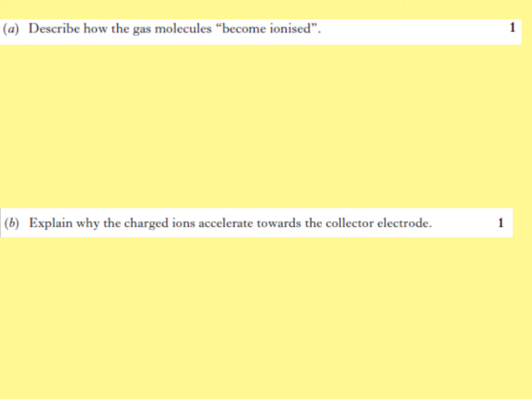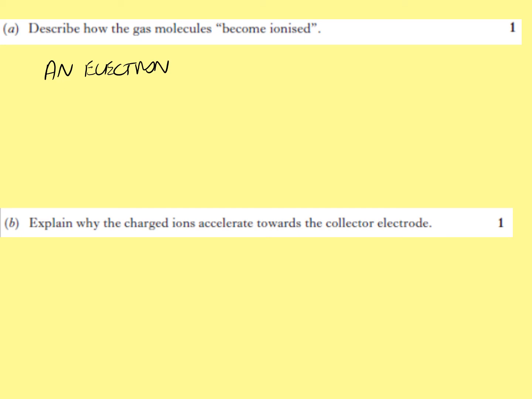Okay, so part one of the question. Describe how the gas molecules become ionized. So the electron orbits around the nucleus of an atom. There's an equal number of electrons as there are protons in a stable atom. In order to ionize the gas, an electron must be added or removed by an electrode.